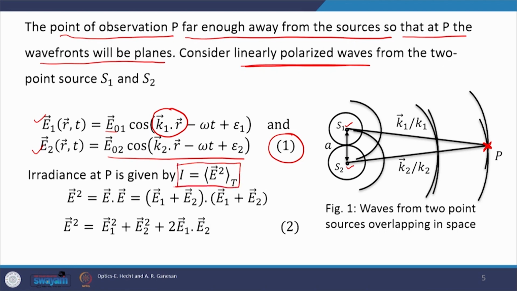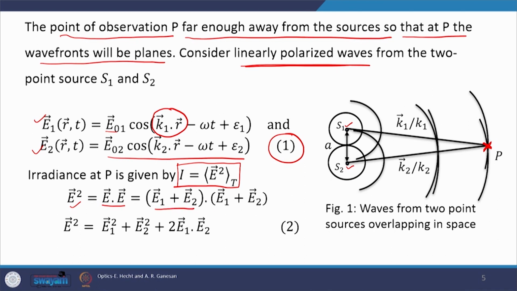The resultant irradiance I would be the time average of E square, where E is E1 plus E2. And how to calculate E square? To calculate E square, we take the dot product between the two vectors, E dot E. And what is E? E is equal to E1 plus E2. It is the resultant disturbance.